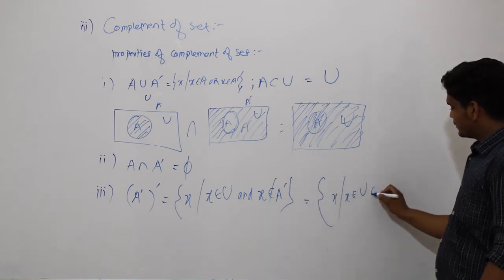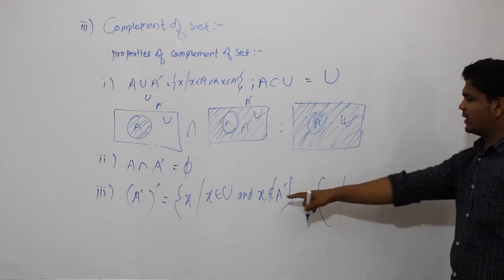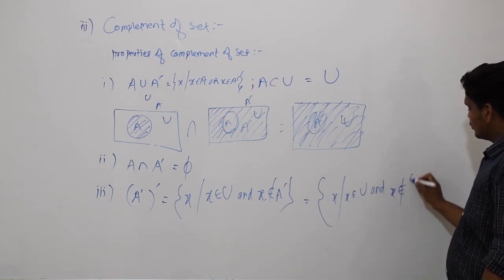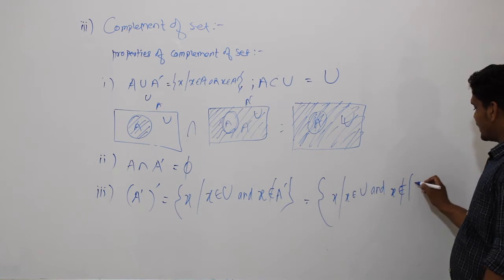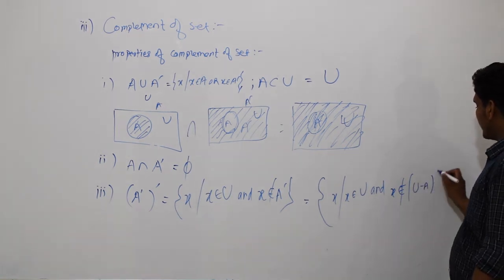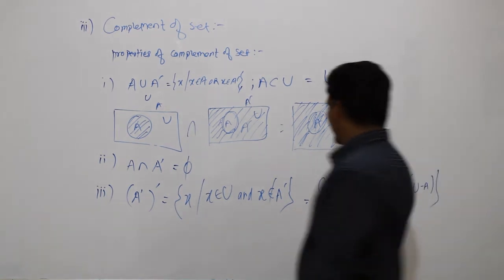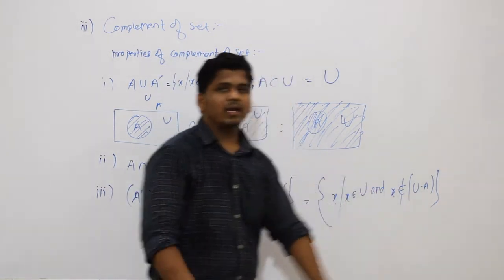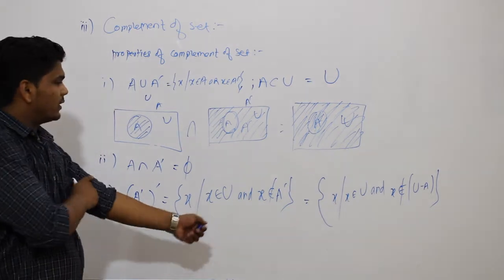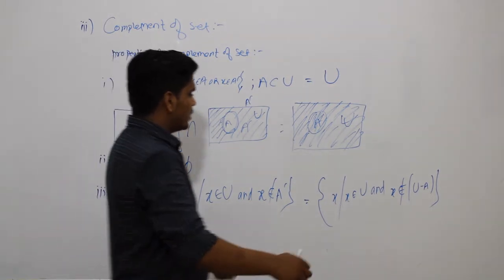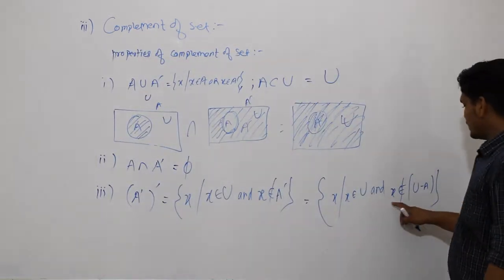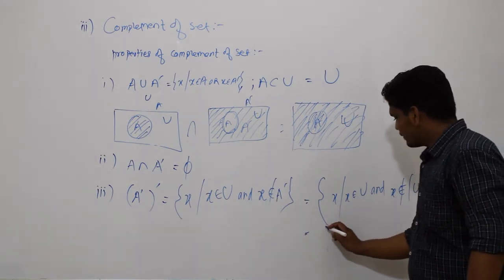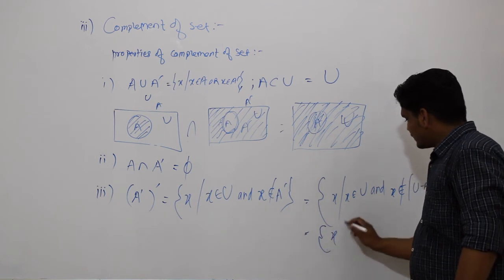And X does not belong to A dash, which we have taken as U minus A. So you will take all elements from U such that X does not belong to U minus A. What does this mean?